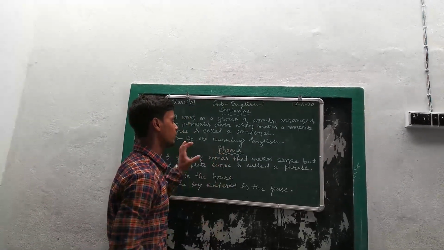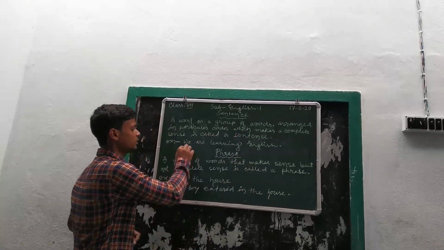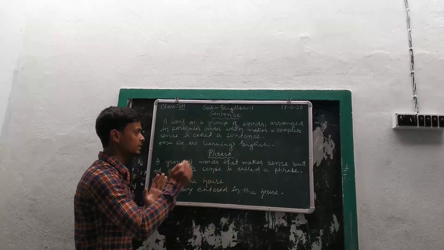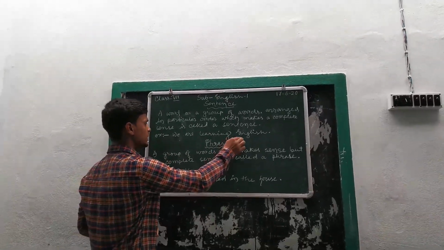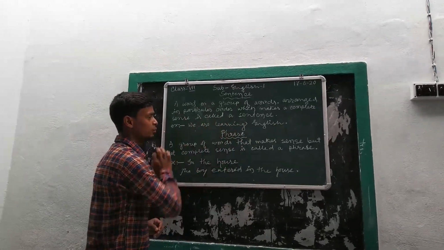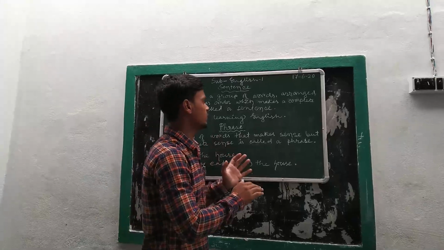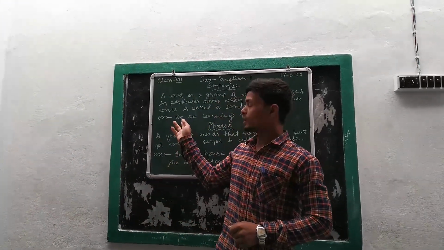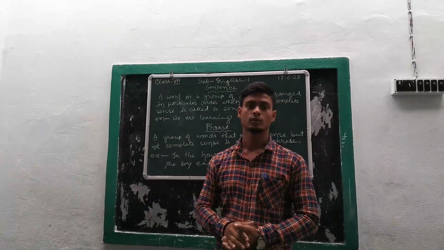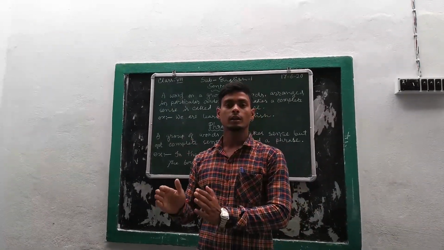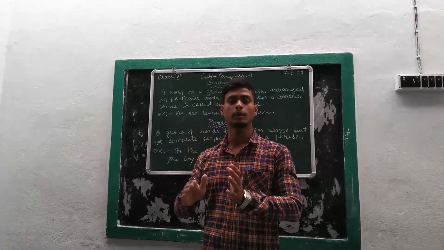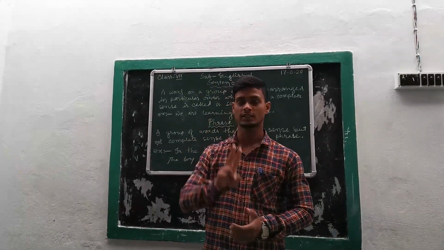There are total 4 words and I have arranged them in a particular order. If I write in this way, English, are, learning, we, it is not a particular order, then you will not get any sense over here. So, to make a complete senseful sentence, you have to arrange them in a particular order. This is the second step.